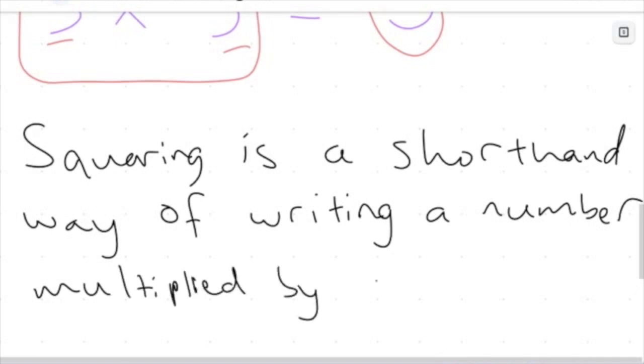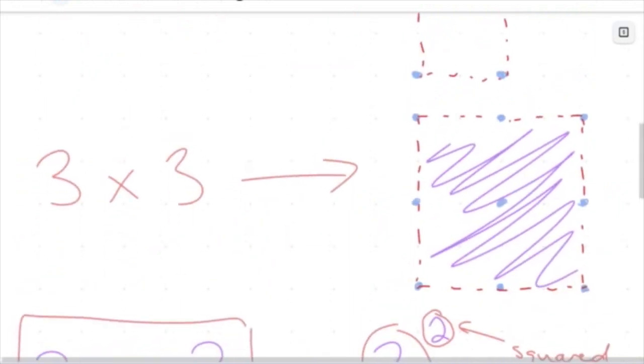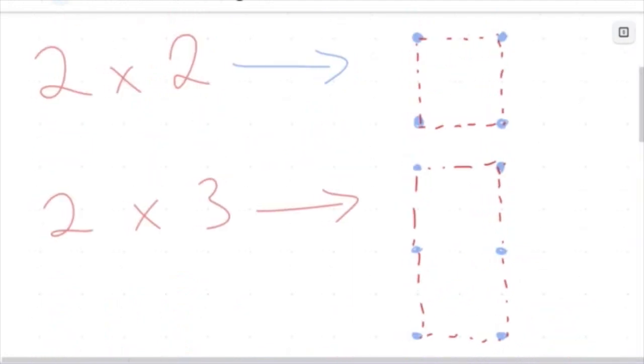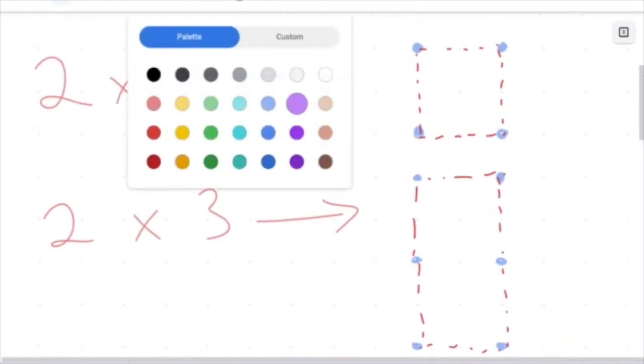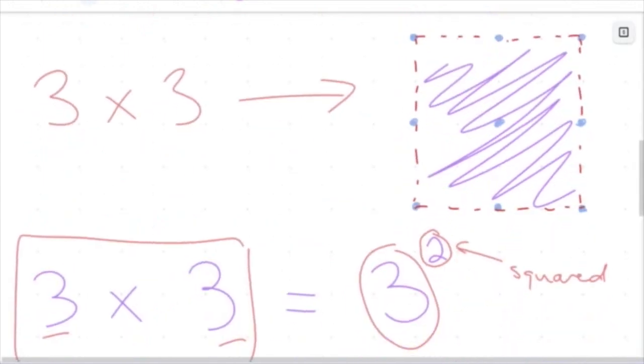So that's what squaring is, and that's the visual idea for why we actually call it squaring in the first place. In both cases, anytime we multiply a number by itself, we make this nice little square shape by showing it visually. So by showing 2 lots of 2 or 3 lots of 3.